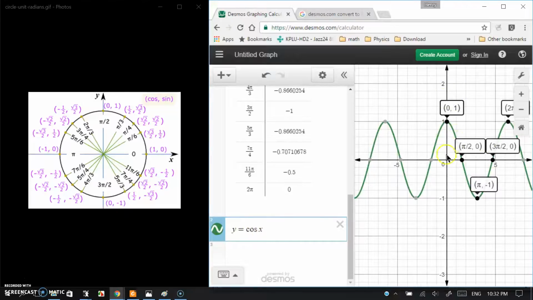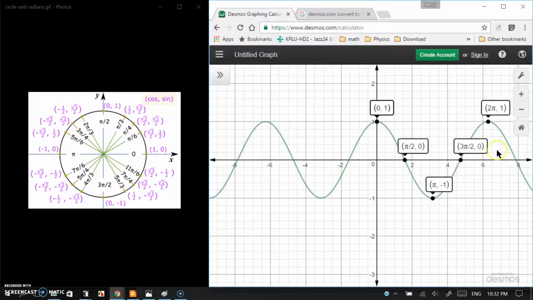Because what I have on this graph is my horizontal axis as the angles, and my y-axis as the cosine of the angles. So this 1 means cosine of 0. This 0 means cosine of pi over 2. This -1 means cosine of pi. The 0 over here means cosine of 3 pi over 2. The 1 over here means cosine of 2 pi.